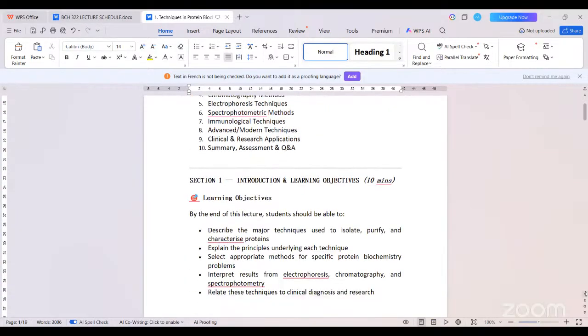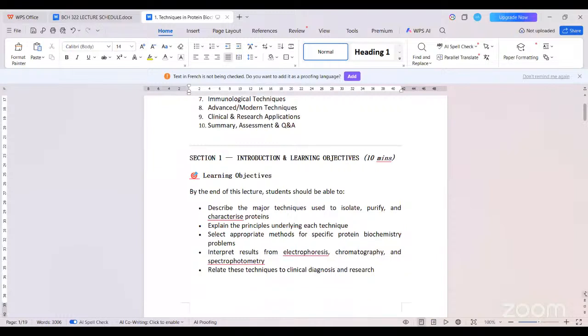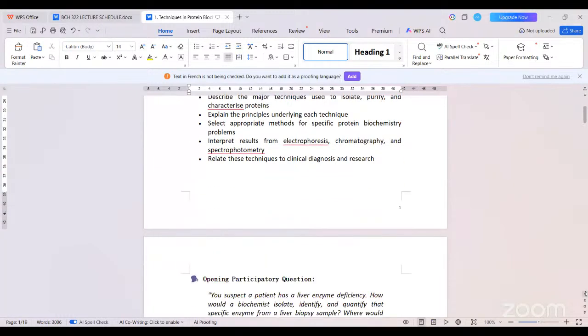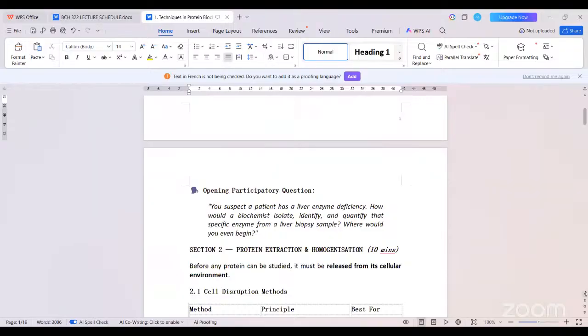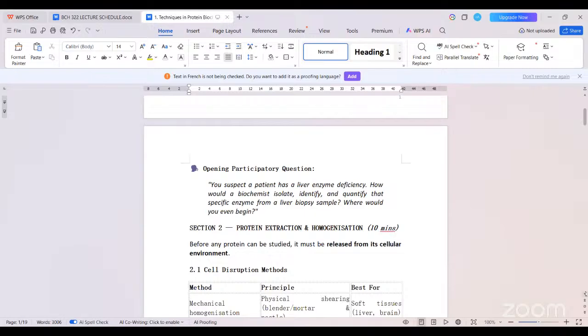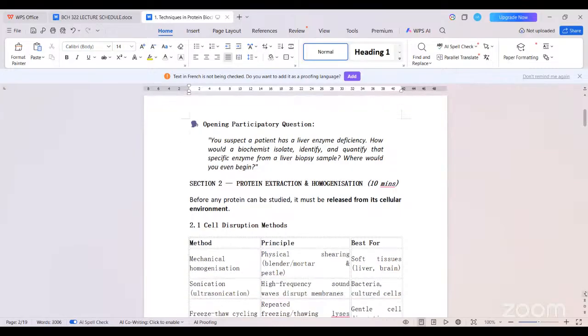Now, protein extraction and homogenization. Like I said, to know the type of amino acids that make up a protein, or the simple units of a particular protein, there must be extraction. And so the first technique in protein biochemistry is extraction and homogenization. What do we mean by extraction?